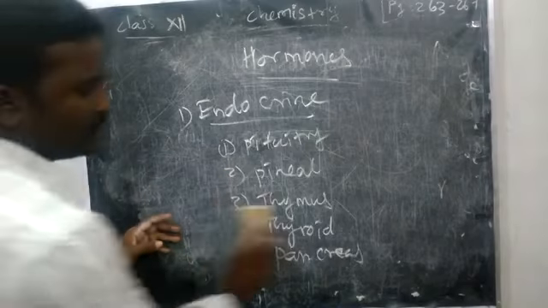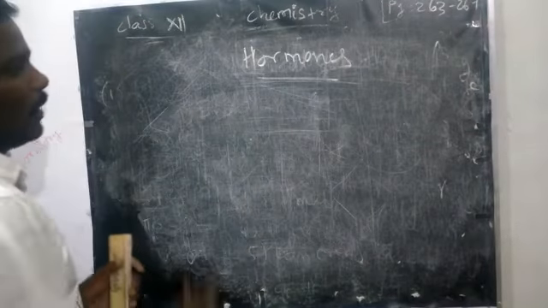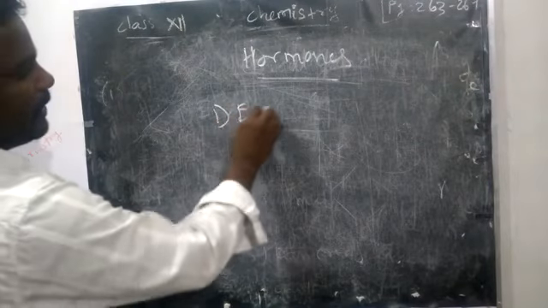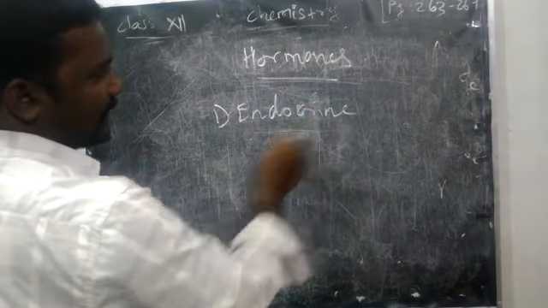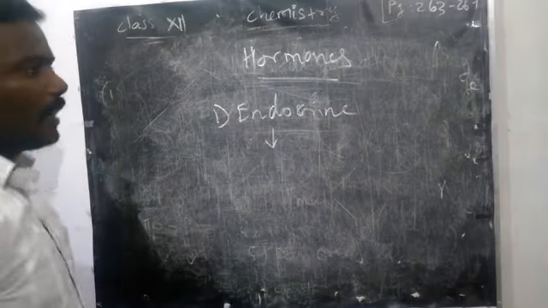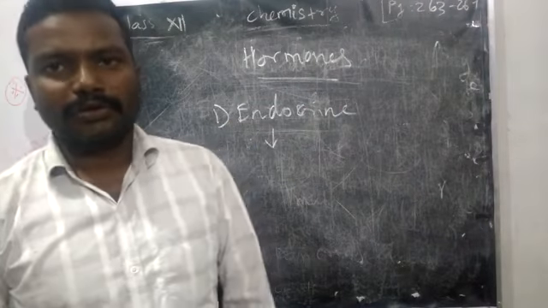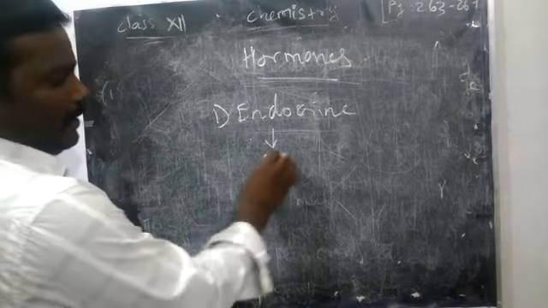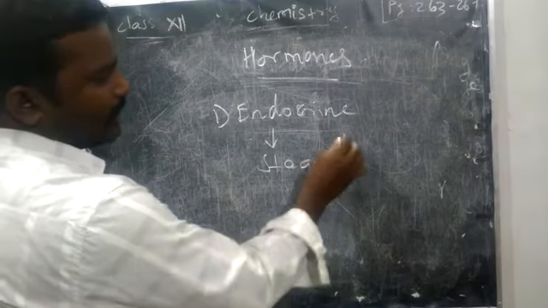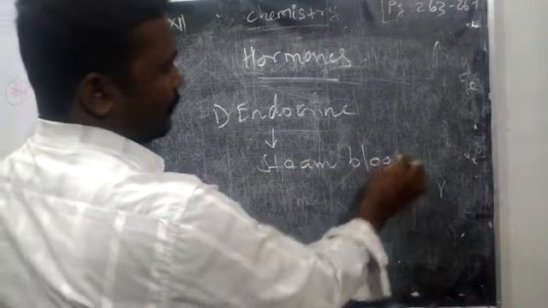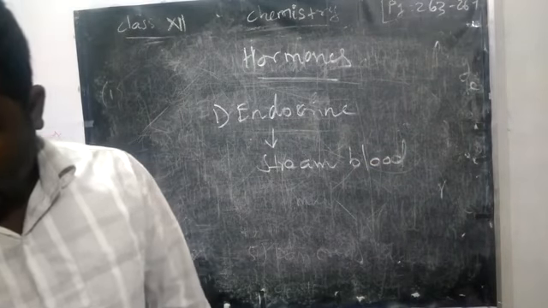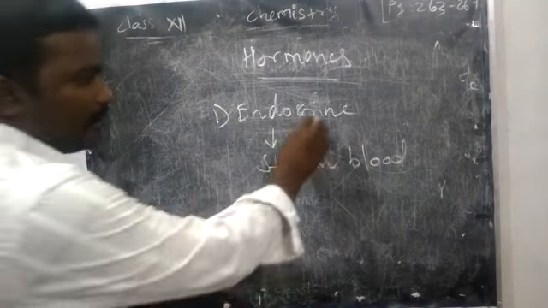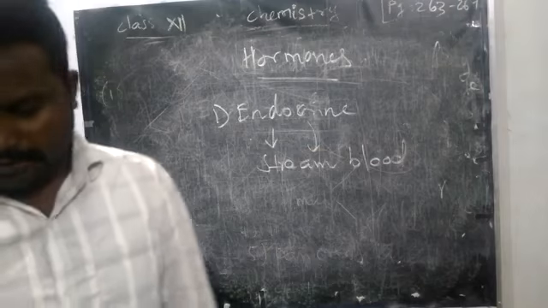Based on that, we have three categories. One is, as I already told you, endocrine. Endocrine means this kind of hormone is used in the stream of blood, where the glands are mixed together.